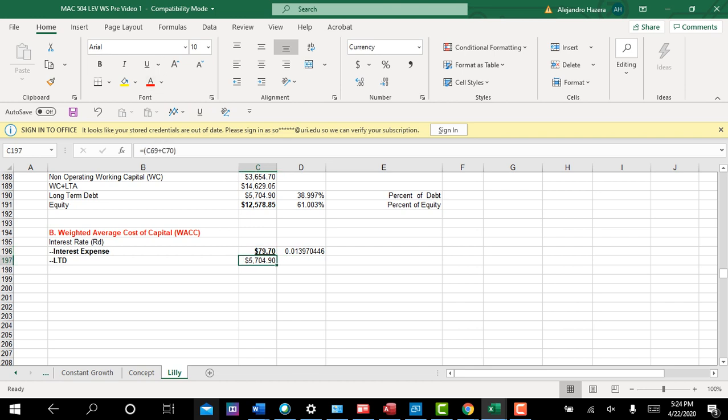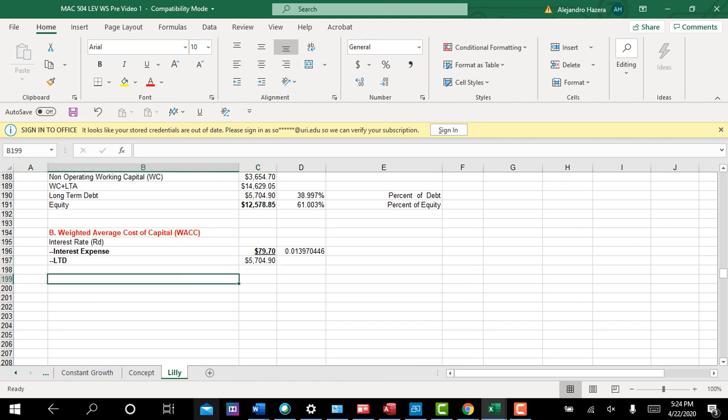Now, from an accounting perspective, that kind of makes sense, because under GAAP, with the effective interest approach, companies have to use the yield rate to compute interest expense on bonds and other types of long-term debt. So this kind of makes sense.